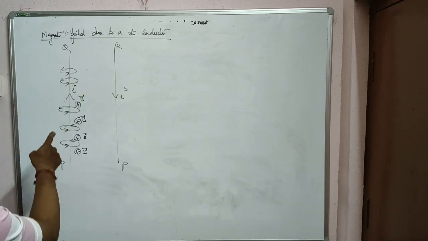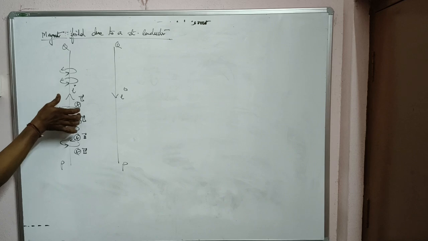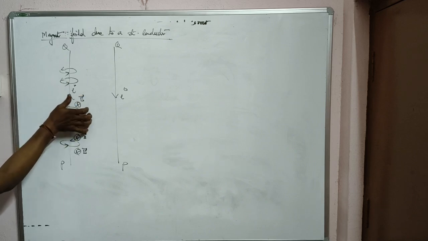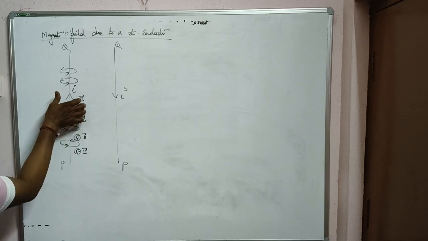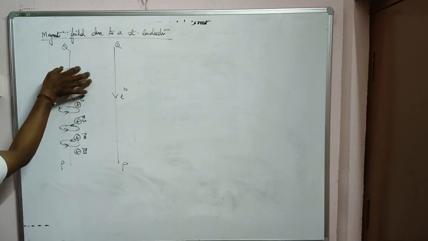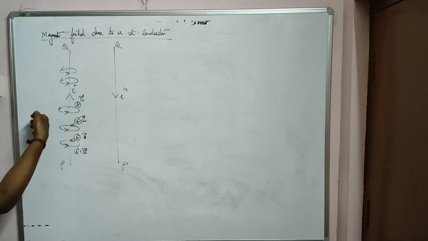If you want, you can show it in a circular way or just like this. Thumb indicates direction of current and fingers are going inside. That means the magnetic field is going inside, coming like this.